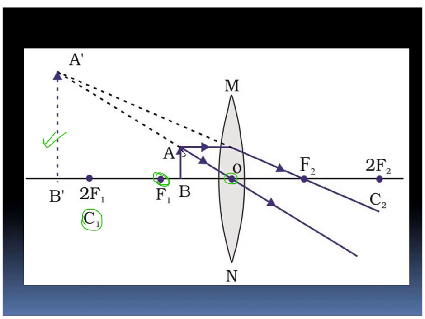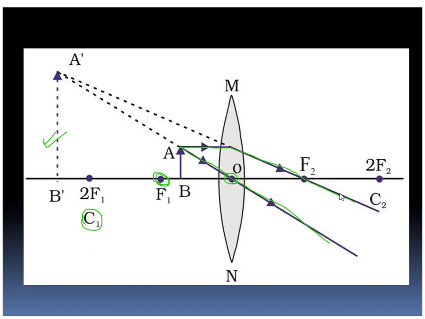So here this is the first ray which is parallel to the principal axis. So it will get refracted towards the second focus. This is the second ray of light which is passing through the optical center. Because these two rays of light are diverging from each other, they will not meet really.